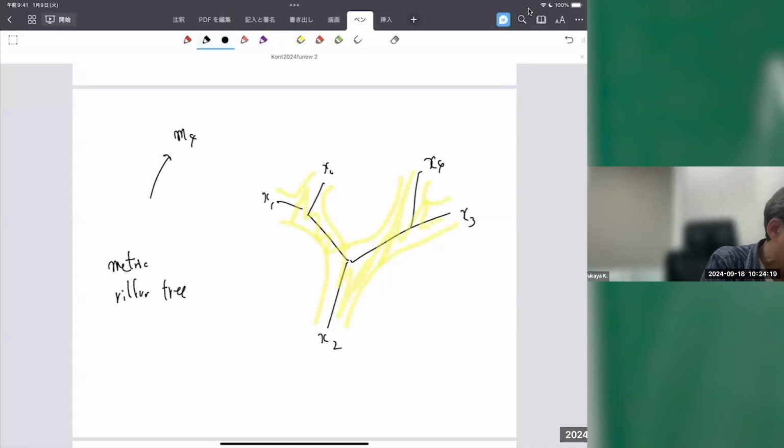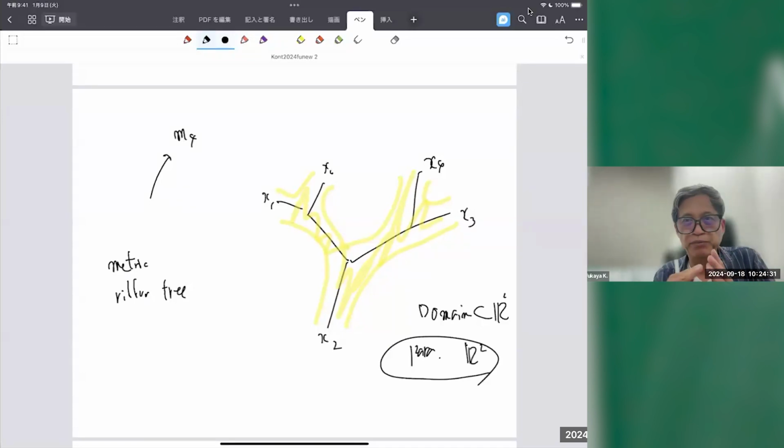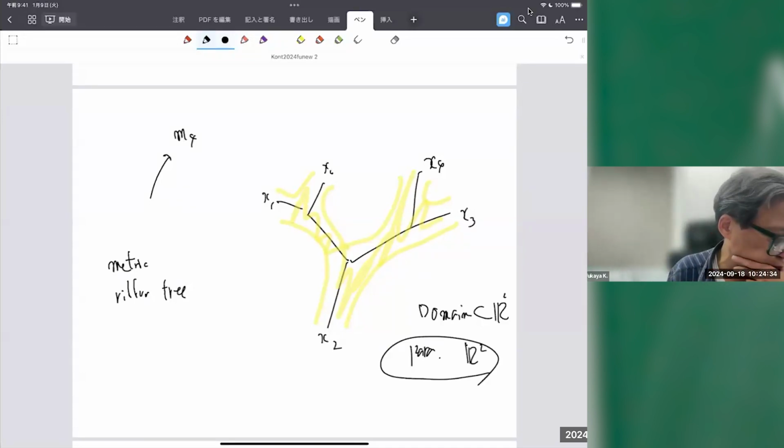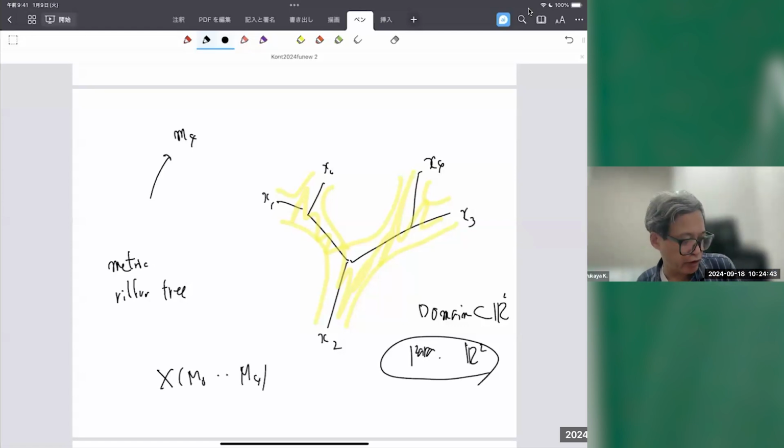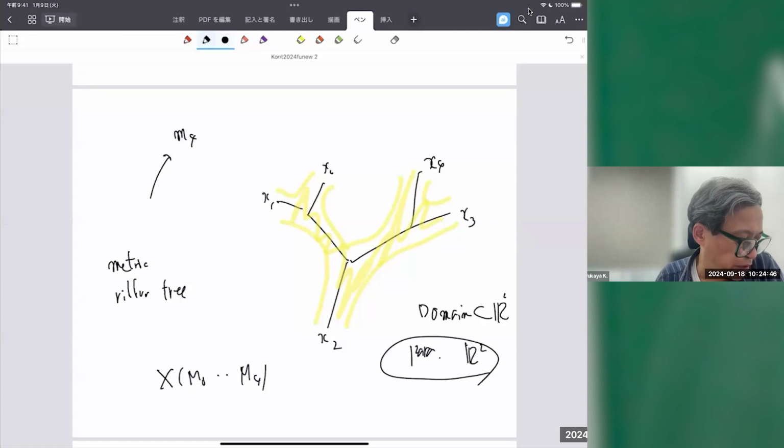Then somehow a domain in R2, parameterized in this case by R2 itself. Then you can take the product with sigma and glue Mi cross R, and you get this one-parameter family, and that is X(M0, ..., M4). So for any k, you can define this one-parameter family of Riemannian four-manifolds, and we can use ASD connections, moduli of ASD connections, to get all the Mk operations.